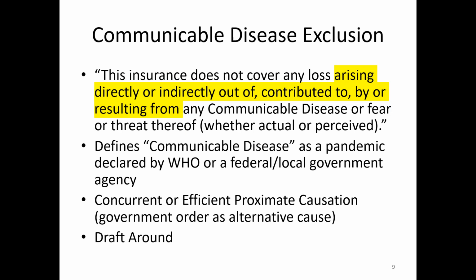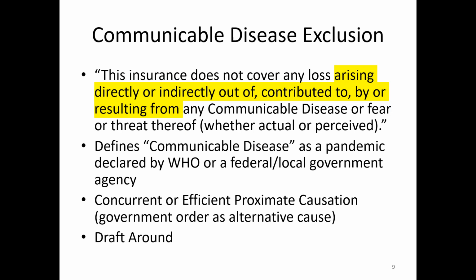But you would also need to have a policy, which you would probably litigate if you had this policy, where that language is drafted around. As I said before, the insurance industry drafts policies and new language to deal with bad results. This is an example of it.